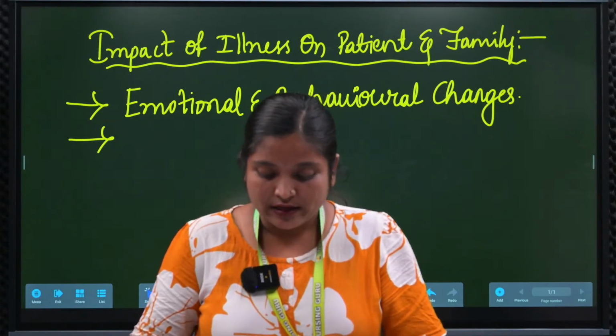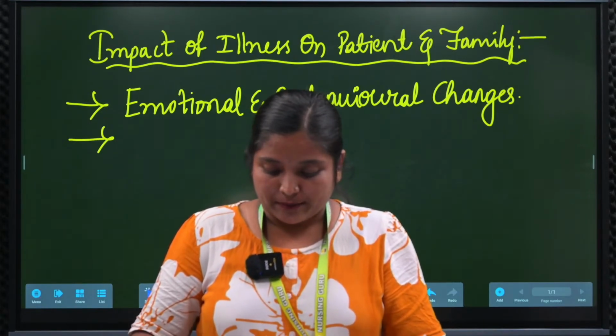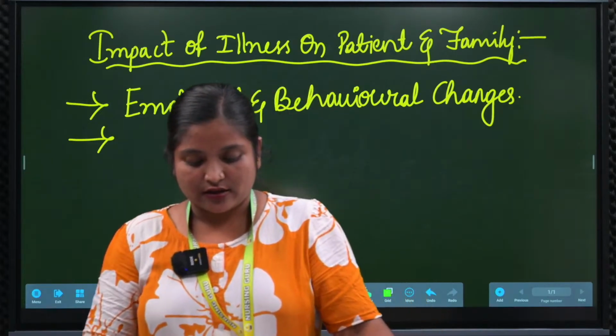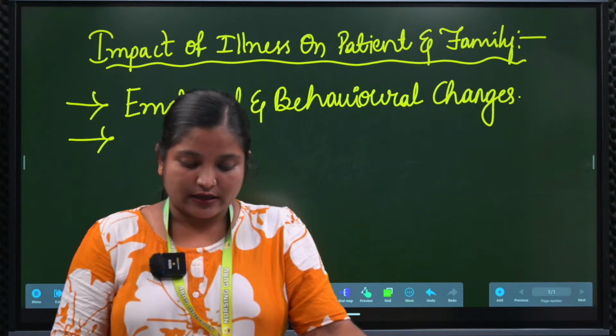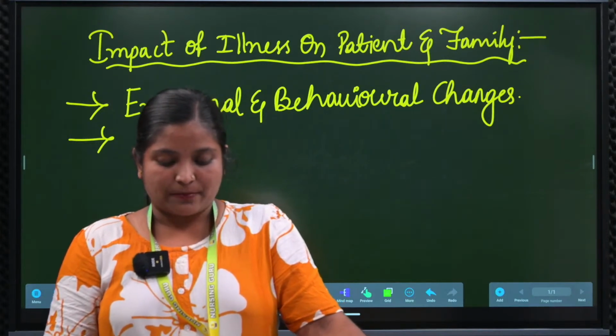The next one is the impact on body image. Certain illnesses result in changes in the physical appearance of the patient. The client reacts differently to these changes depending on the type of change.